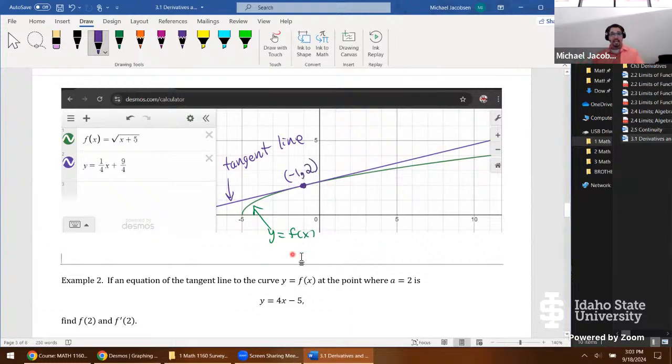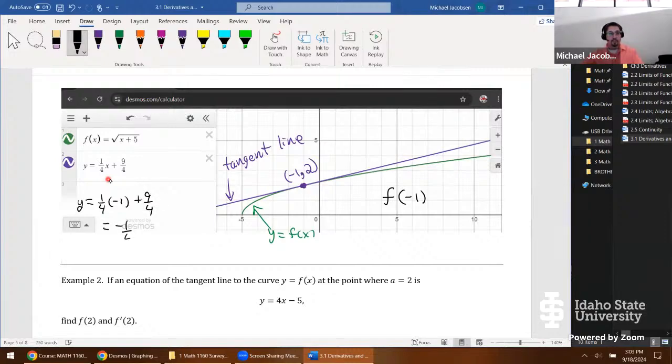So special things that happen on this: observe that at -1, 2, we can say that f at -1, you could plug it right here and get the square root of 4, which is 2, but you could also plug it right here, the actual tangent line equation itself. If you put -1 inside there, you would have gotten y equals 1/4 times -1 plus 9/4.